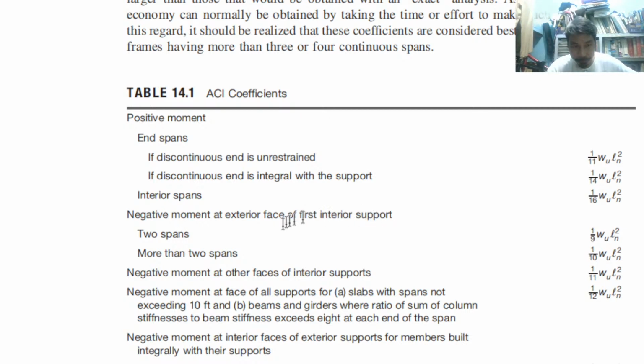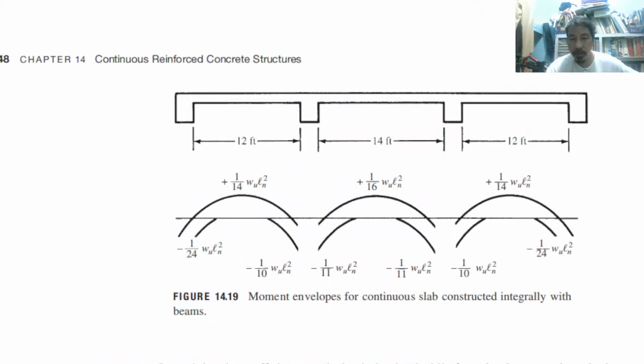Now, what do we mean by exterior face of first interior support? There are 2 faces. We are talking of first interior support. There are 2 faces. Exterior face and interior face. So this one is exterior face. This is interior face.